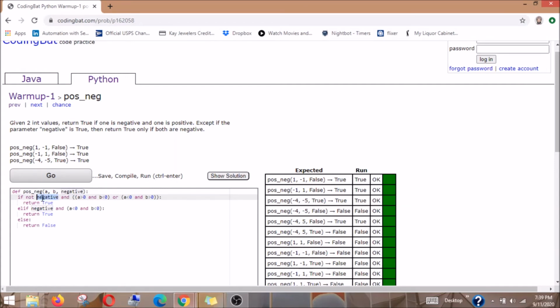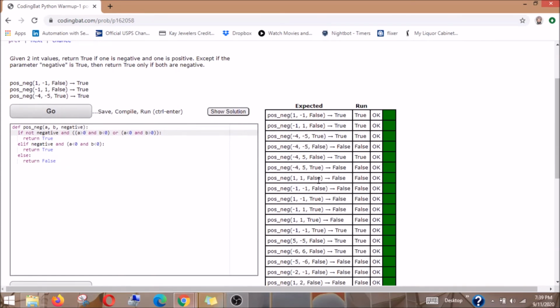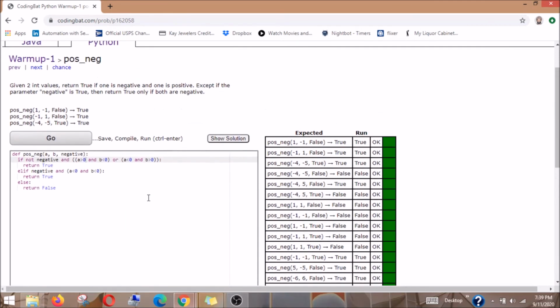This is checking if the negative variable is false. If it is false, then we will see if any of them is greater than 0. If both are greater than 0 and it is still false, then it will be false. So that is correct, right? Yeah, here is the example. If both are false, then it will be false. Yep, that's what's happening here. So we have to use the AND function like this only, so that it can reflect the proper answers. Okay, let's go to next.